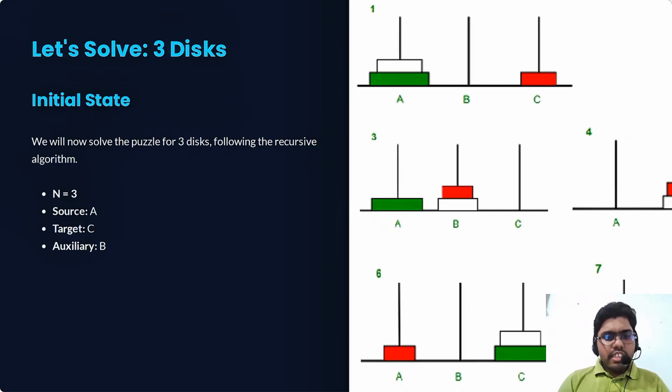Our initial state: 3 disks on peg A. Our goal is to get them all to peg C with peg B as our helper. We start with all disks on A.